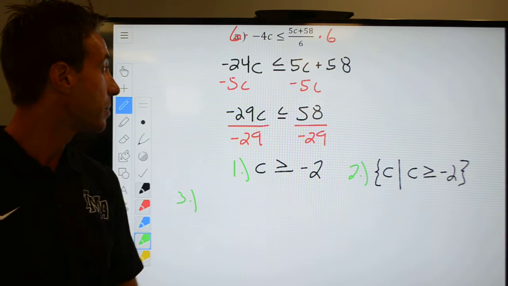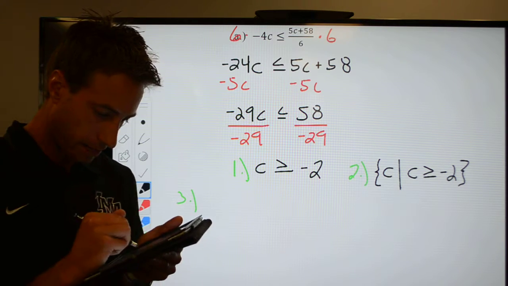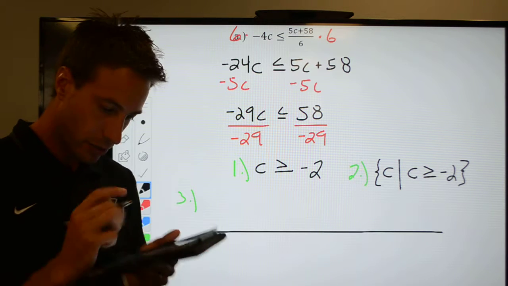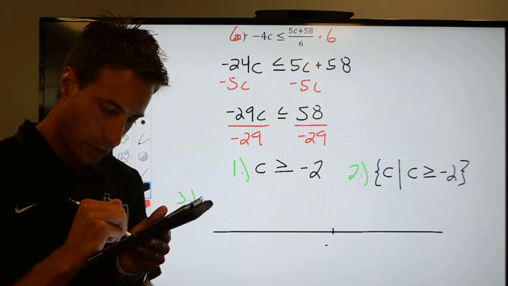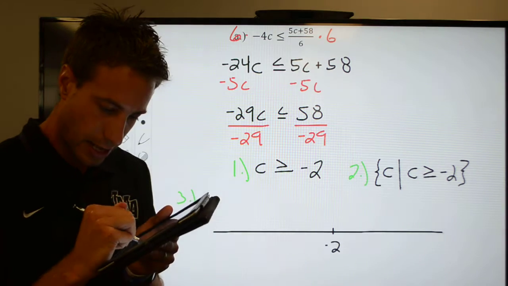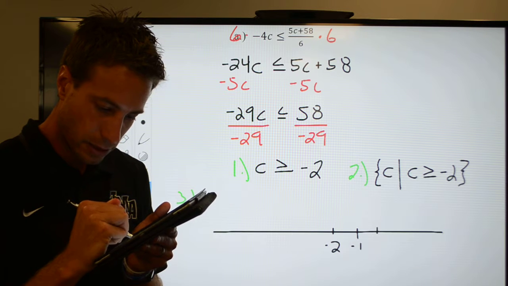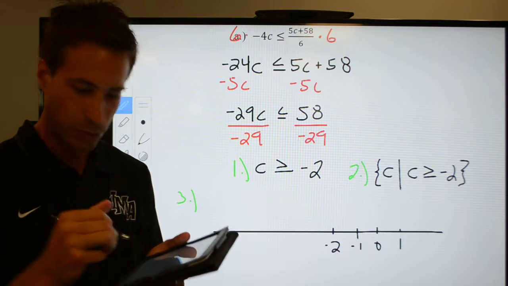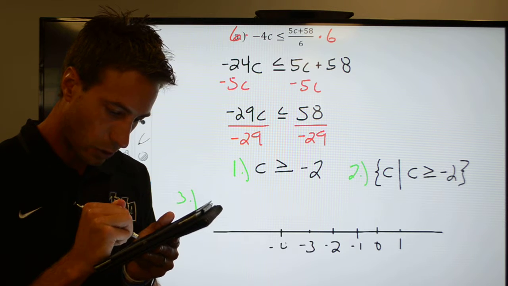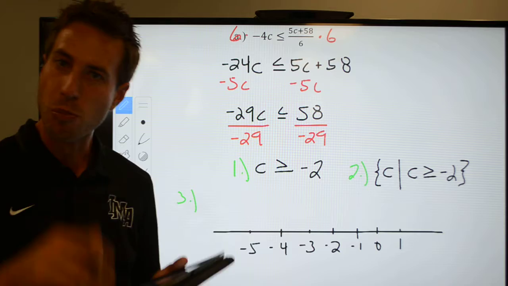Third way of doing this is going to be the number line. Let's draw a number line on here. Let's see, I need negative 2, so we'll put negative 2 right here in the middle. We'll go a couple of values in each direction. How about a negative 1, 0, and 1? That's plenty. Negative 3, negative 4, negative 5, more than enough.